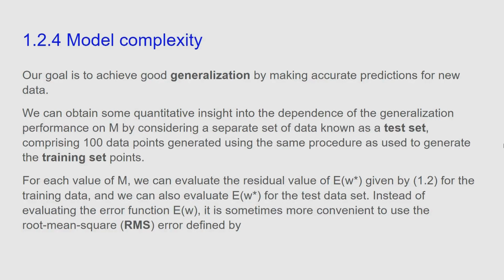For each value of M, we can evaluate the residual value of E(w*) given by 1.2 for the training data, and we can also evaluate E(w*) for the test dataset. Instead of evaluating the error function E(w), it is sometimes more convenient to use the root mean square (RMS) error.